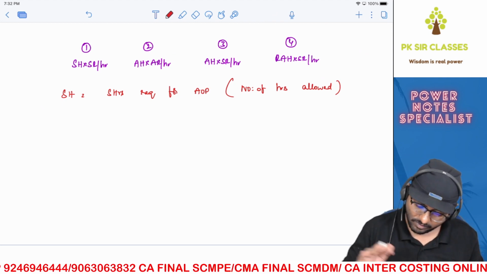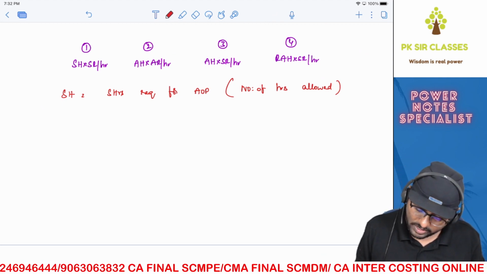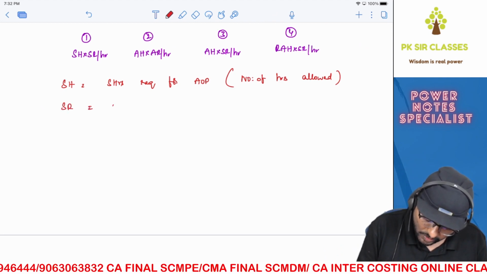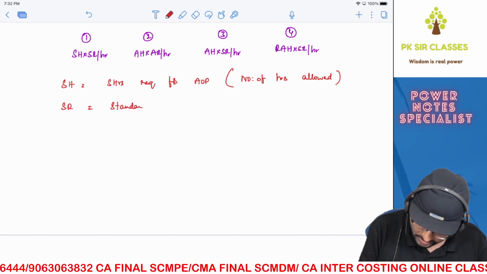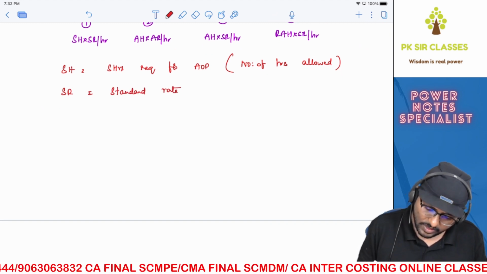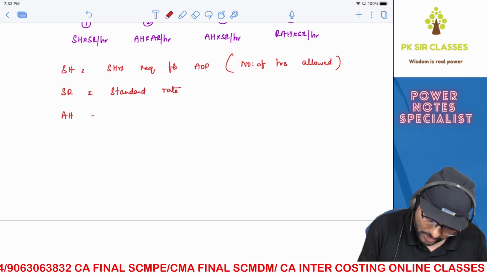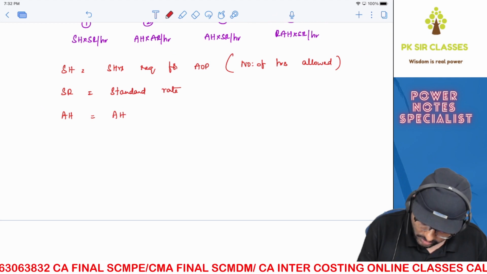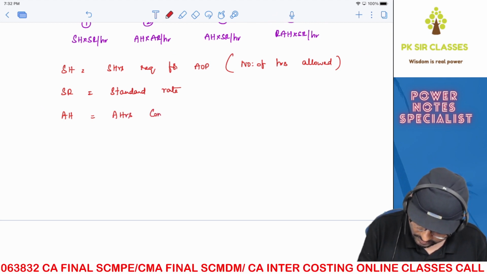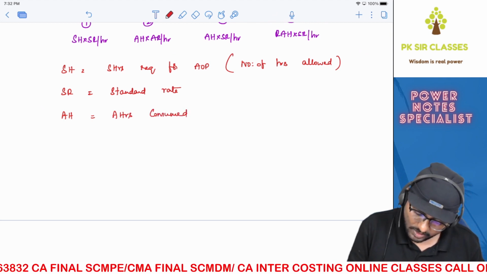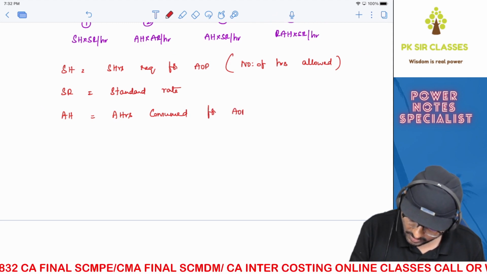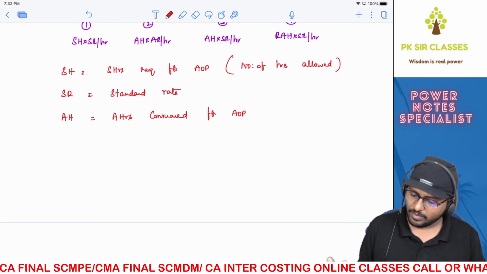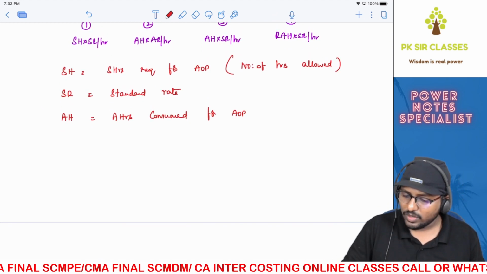Standard rate is as you know. Then we have actual hours, similar to actual quantity, which is actual hours consumed for actual output. You got this?